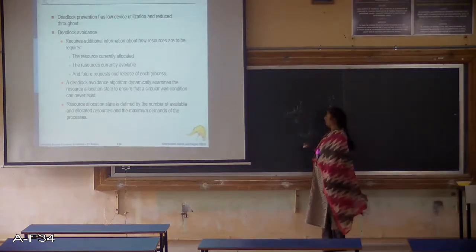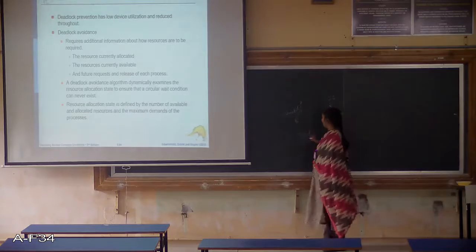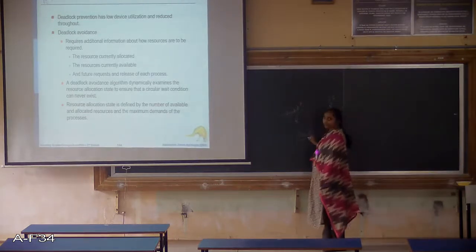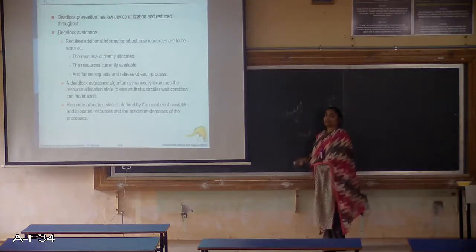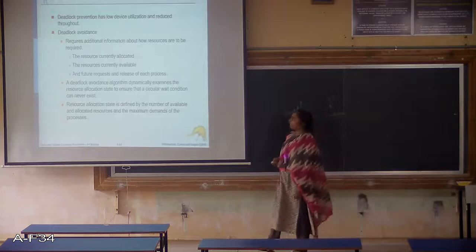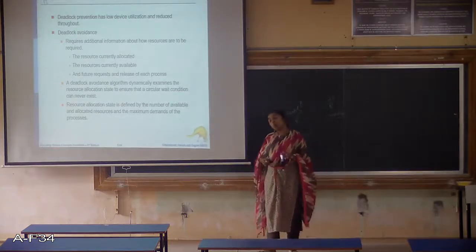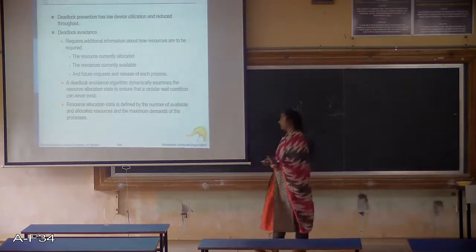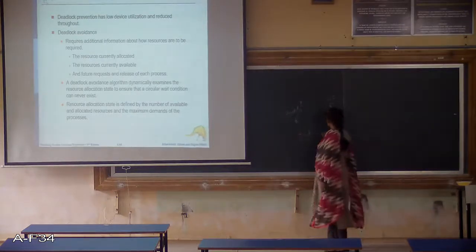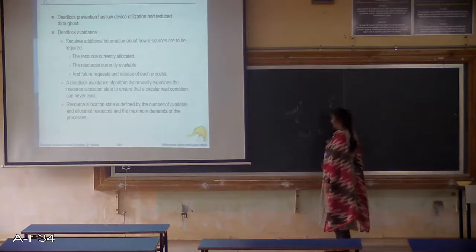First, you need to understand what is allocated. Next, you need to understand what is available. And third, you will require to know what these processes will request in future, how many resources they may require in future. If you know these, then there is a possibility that you can avoid deadlock. You can smartly analyze this. There are different processes P1 till Pn.